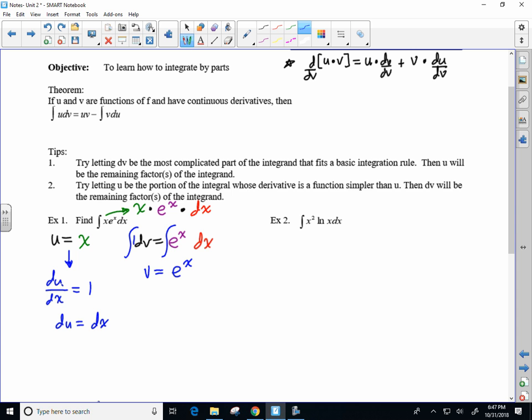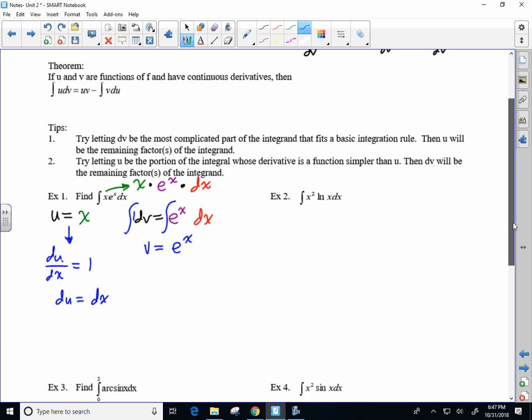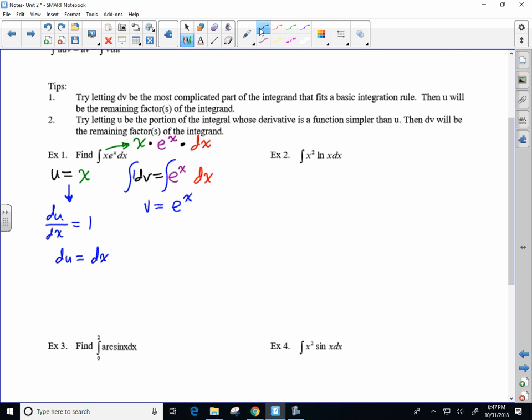We apply the rule. The integral of u dv, so here's my u, here's my dv, is equal to uv minus the integral of v du. So let's set that up. This is my u dv, that's going to be equal to, so that's just the original problem, uv.